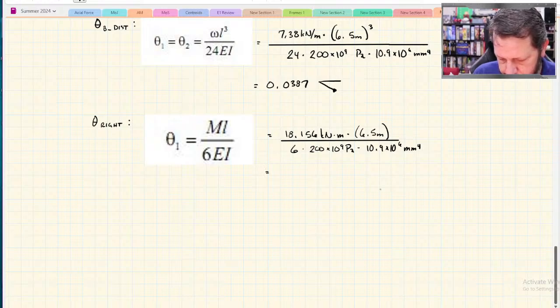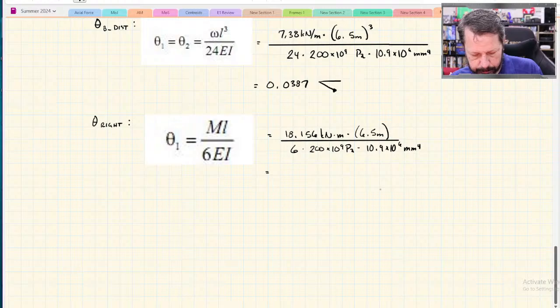Okay. So let's see if we can calculate this number. So I get a denominator 13 something. And then 18,156 times 6.5 divided by our denominator.